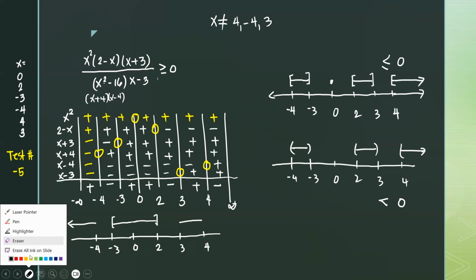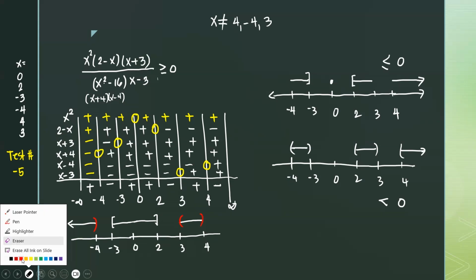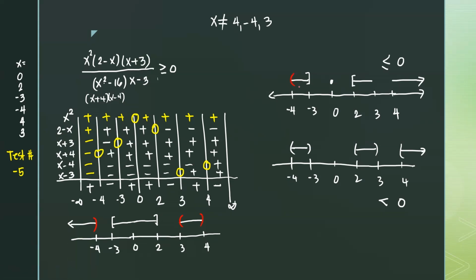The others, they're okay. So, meaning, this one is just a parenthesis. This is just a parenthesis. This is also a parenthesis. Can you follow? So, on top, what's not allowed? Those same ones. -4 is not allowed, 4 is not allowed, 3 is not allowed. So this becomes parenthesis, parenthesis, parenthesis. Do you understand?